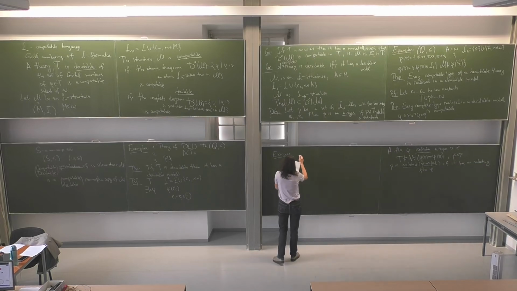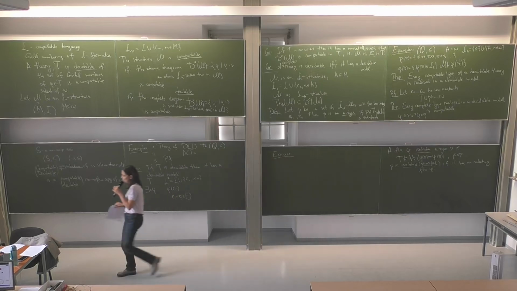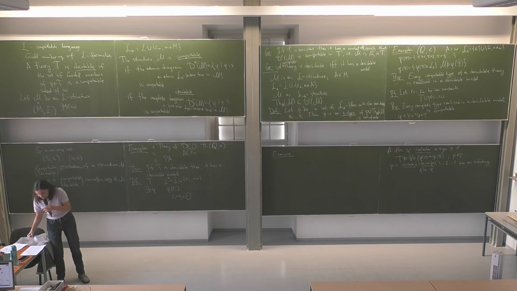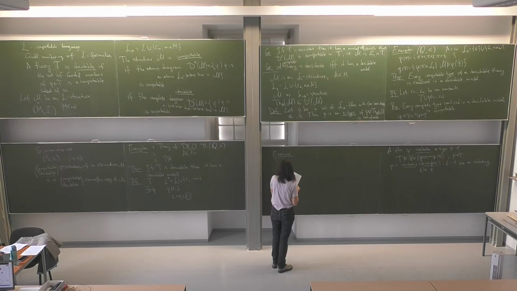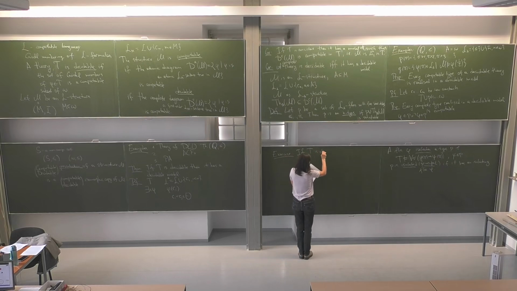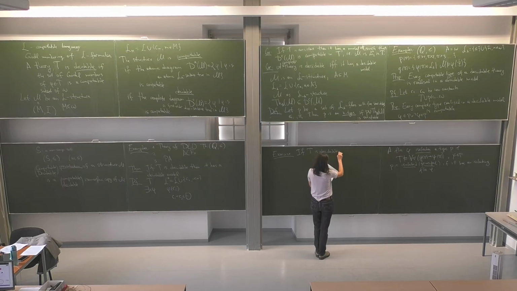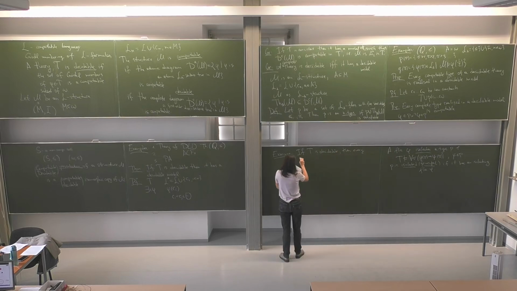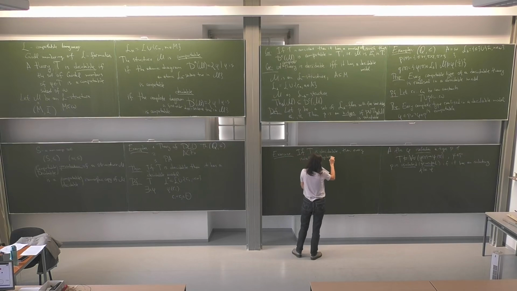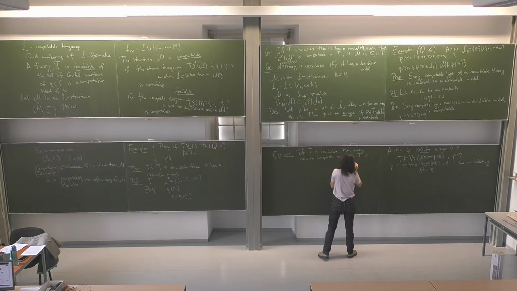So the exercise is the following: if T is decidable, then every isolated complete type is computable.